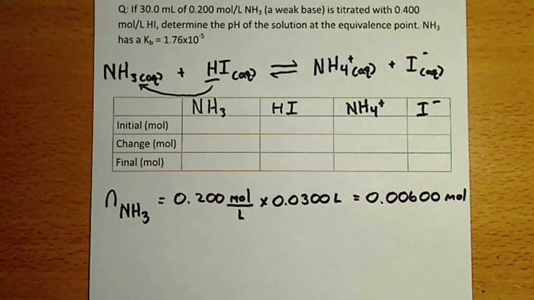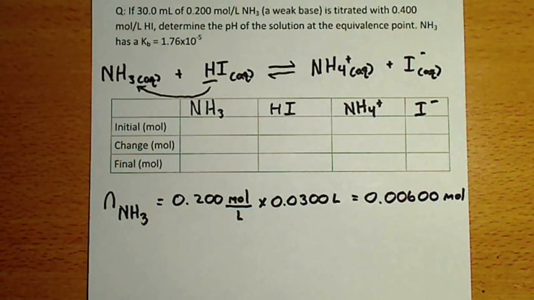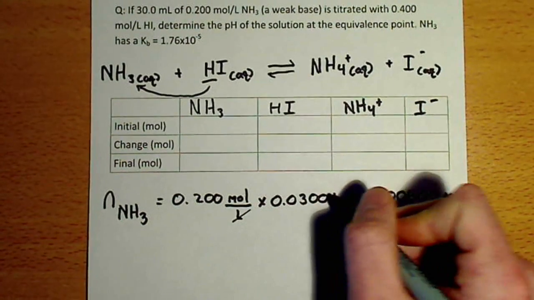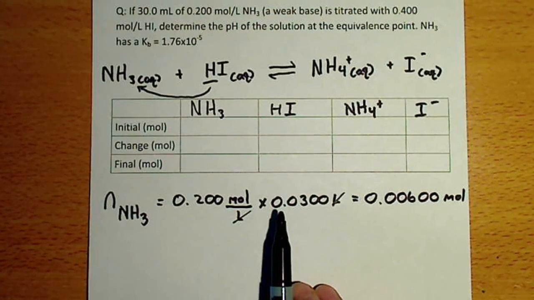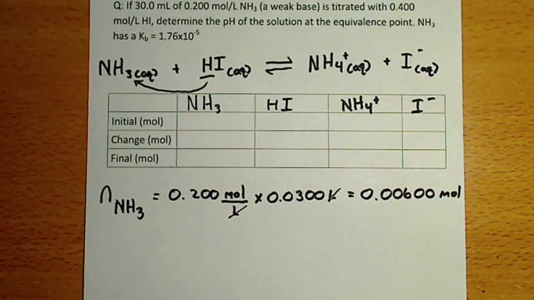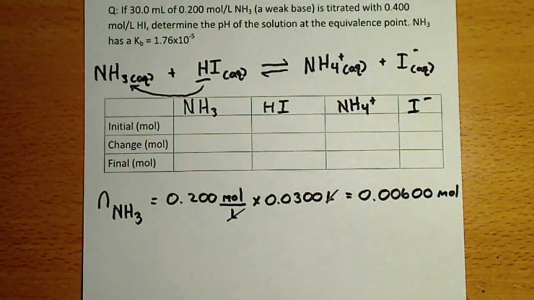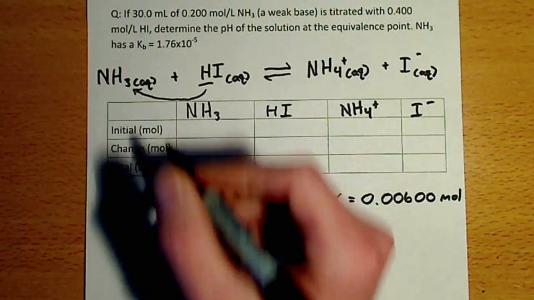So you can see that by multiplying the concentration by the volume, I will solve for moles because liters cancel. Keep in mind that I needed to convert 30 milliliters to liters by dividing by 1,000 before completing this calculation. Now that I know how many moles of ammonia I have, I can fill that in my initial row of my ICF table.